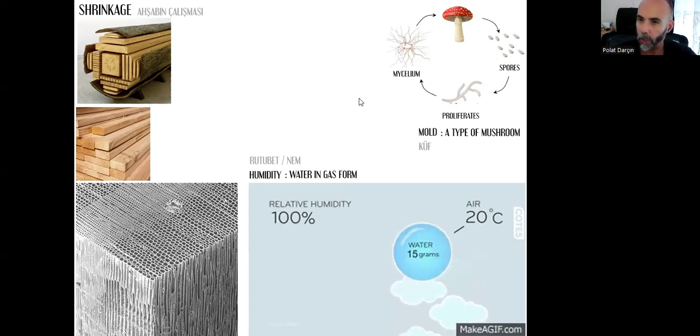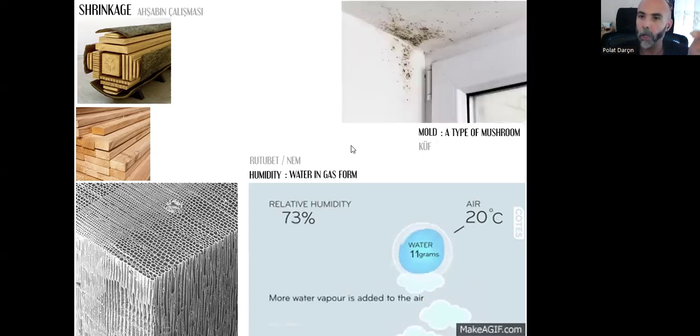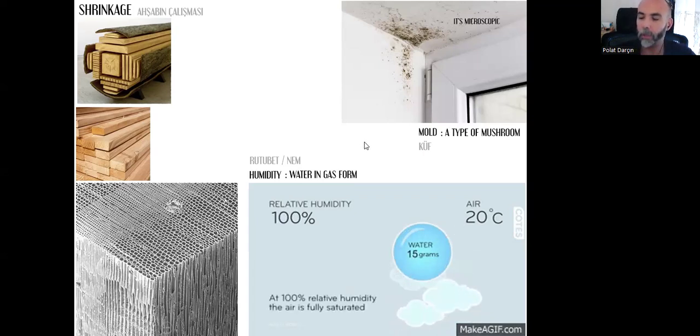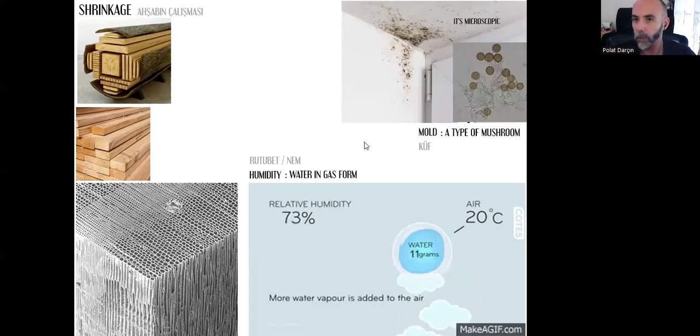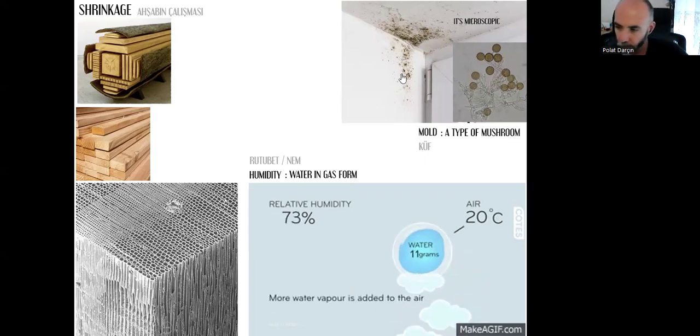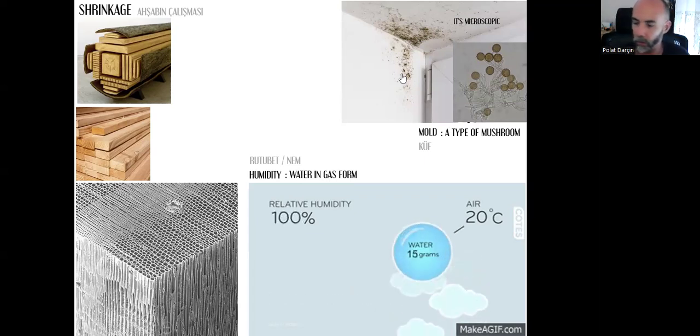It's something like this, but mold is a special type of mushroom, which is very tiny, microscopic, so tiny that we cannot see it with our naked eye. It's something like this, but the system is the same. And these red dots are the mycelium that has already proliferated all around us.